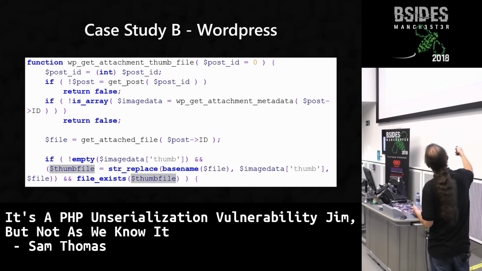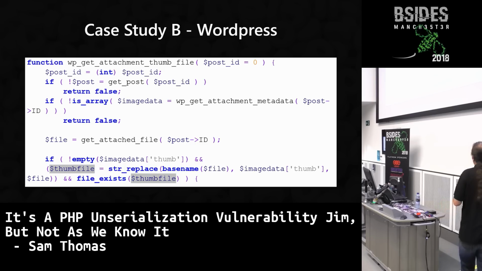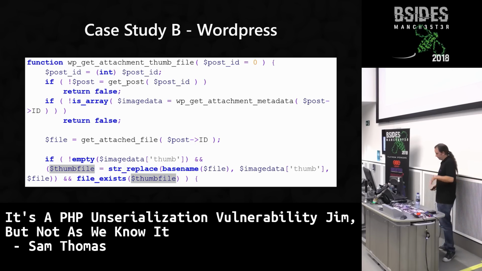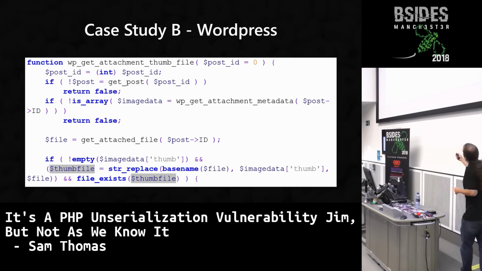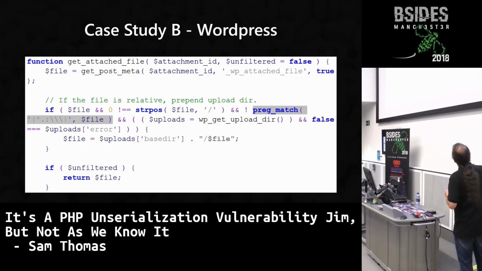And there's no guarantee that the base name of the file only occurs once. So what we're going to do is try and get it to replace the start of the file rather than just the end.